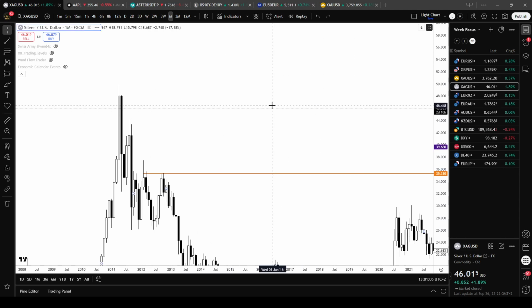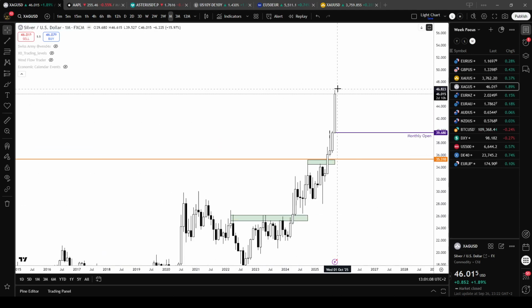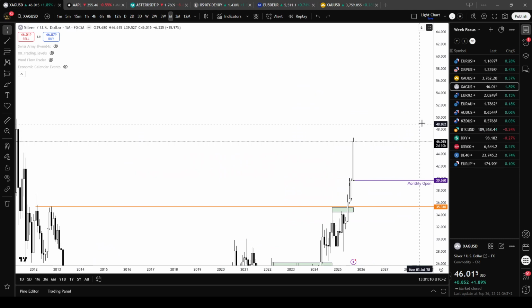So when the market is doing this kind of trend, you have to pay a lot of attention at the start of the week, at the start of the month, because the lows are probably going to be traded around that time.